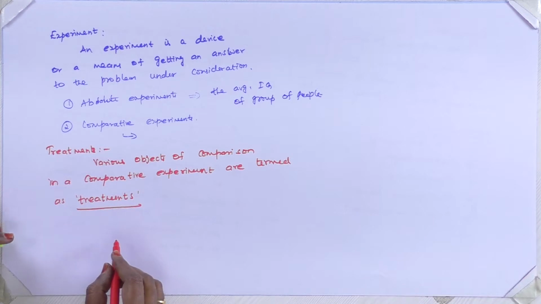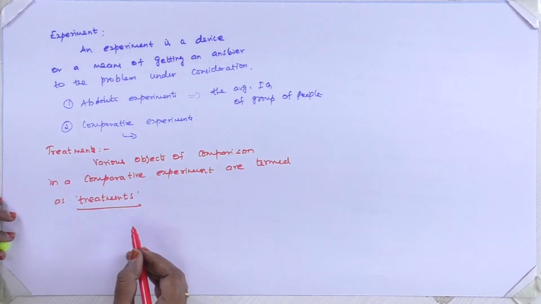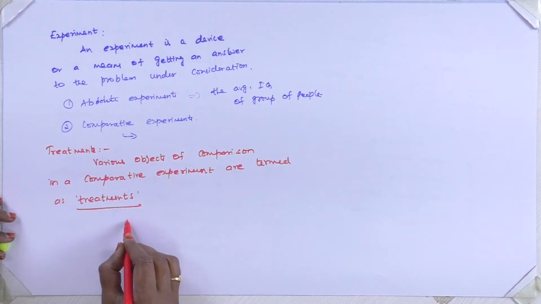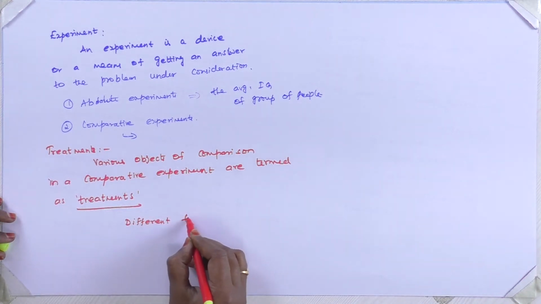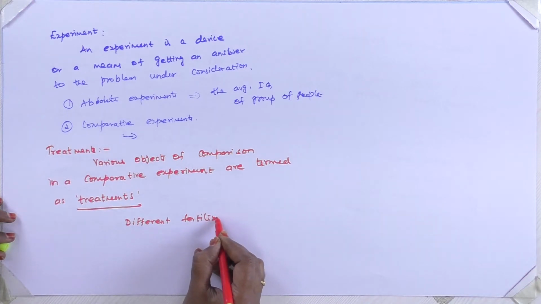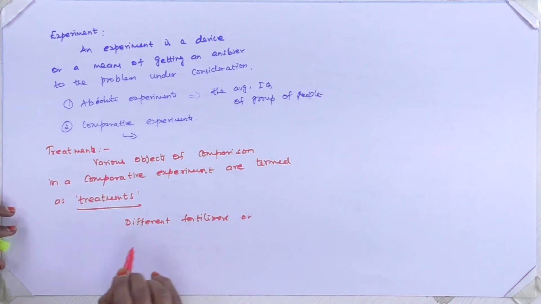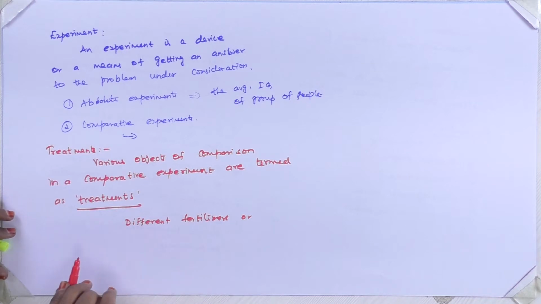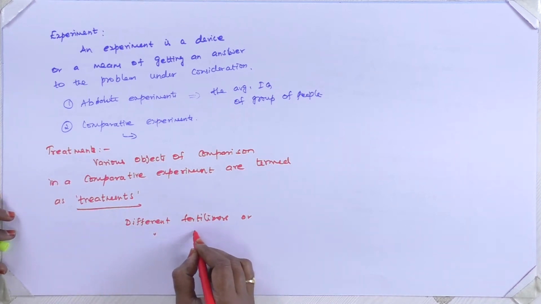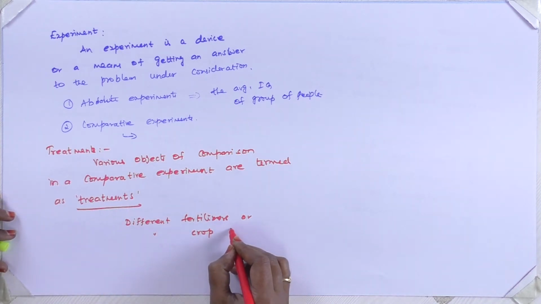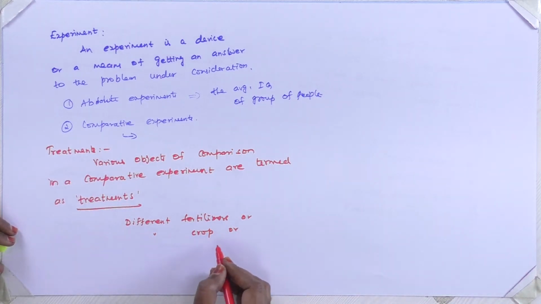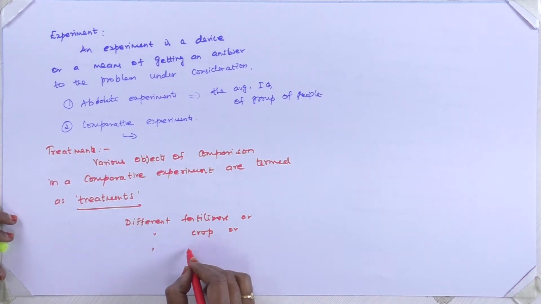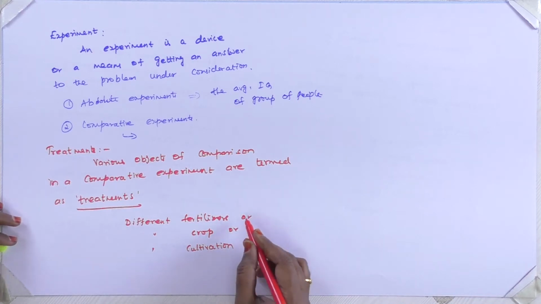Example, in a field of experimentation, different fertilizers or different varieties of a crop or different methods of cultivation are the treatments.